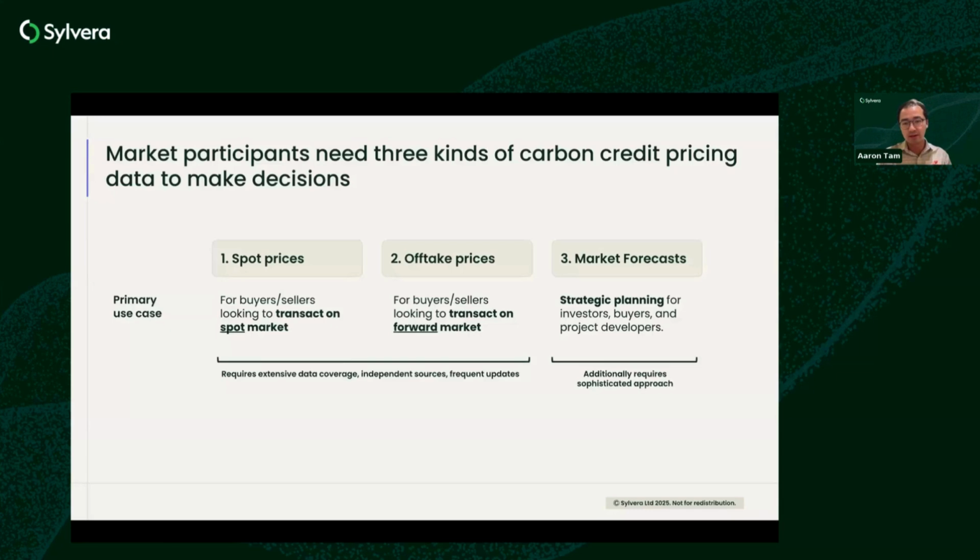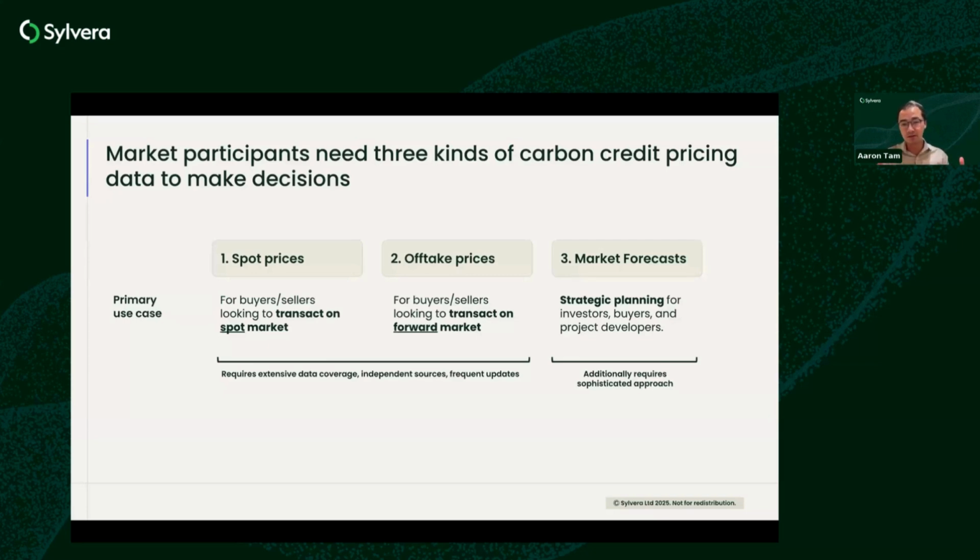The third bit is a bit more complicated. We call it market forecast, or you would think forecasted prices. Now, instead of being useful just for transacting on the spot and forward markets, here I think the primary use case is for anyone who is undertaking strategic long-term planning for their decisions, whether you're an investor in carbon credit markets, a buyer, or a project developer.